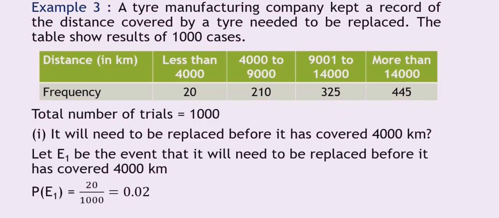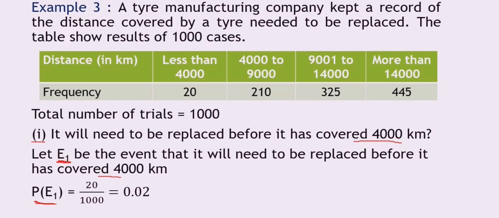Case number 1, it has to be replaced before it has covered 4000 kilometers. In this sum, I name the event E1. E1 is the event that it will need to be replaced before it has covered 4000 kilometers. So the probability of the event E1 is written as P(E1), which means probability of event 1.